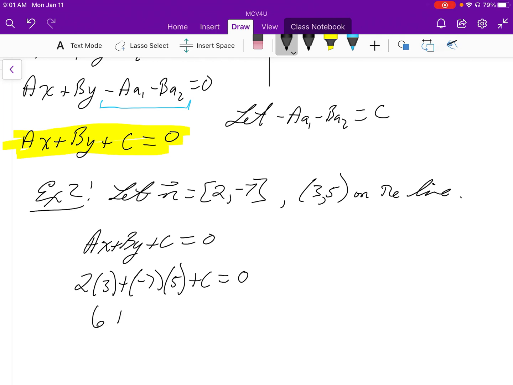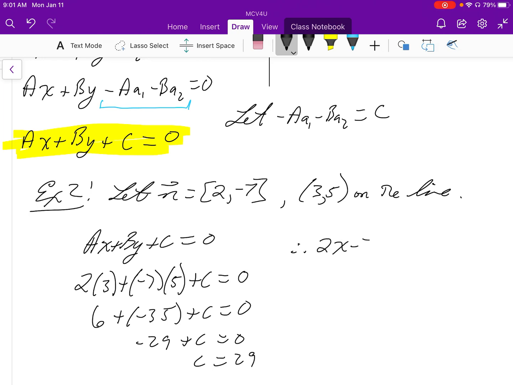So 6 plus negative 35 plus C equals 0, which gives negative 29 plus C equals 0, so C is equal to 29. The scalar equation is 2x minus 7y plus 29 equals 0.